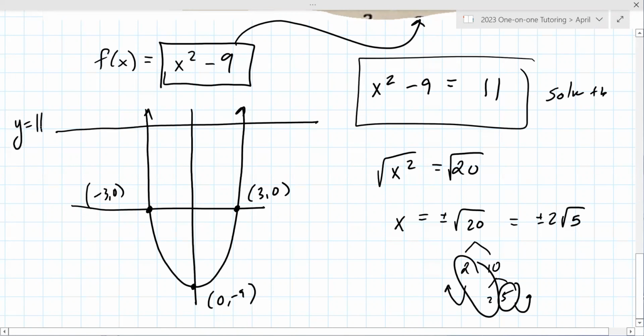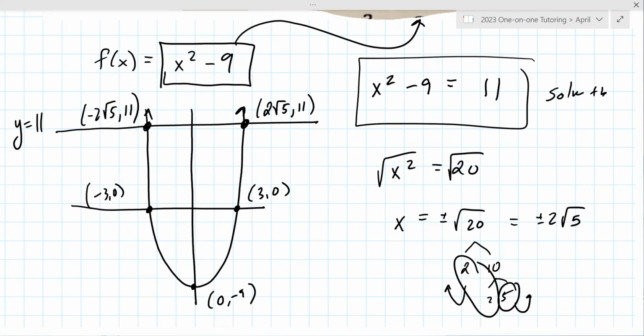And the intersection point is the x value, 2 square root 5 comma 11. The other one is minus 2 square root of 5 comma 11. Is that okay? Good. And then that leads us to part C, part D.